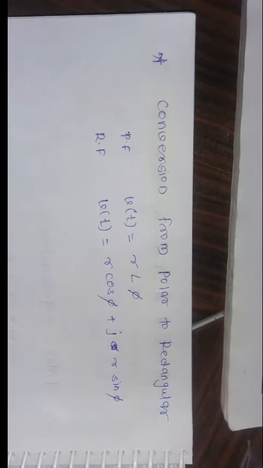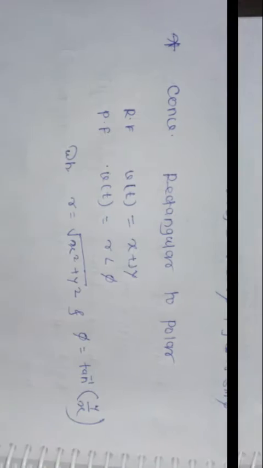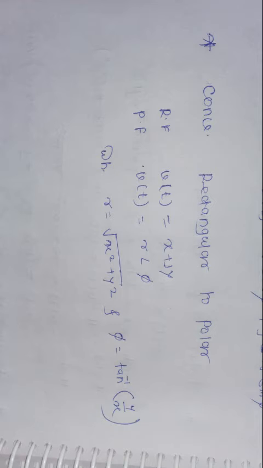Now we will go for the conversion from rectangular form to polar form. Consider the rectangular form phi of t is equal to x plus j y.